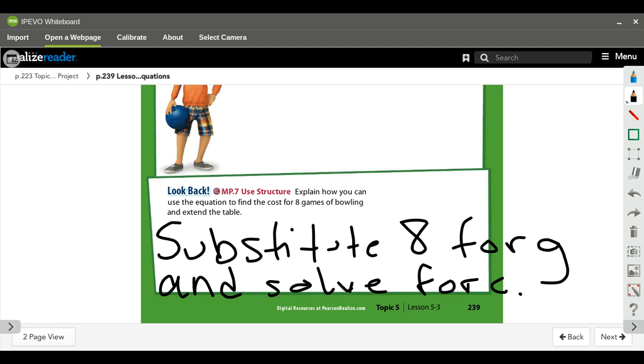So C equals $19 for the cost of 8 games. And so that would be how I would extend that table down, is I would just need to figure out that C is equal to 19.